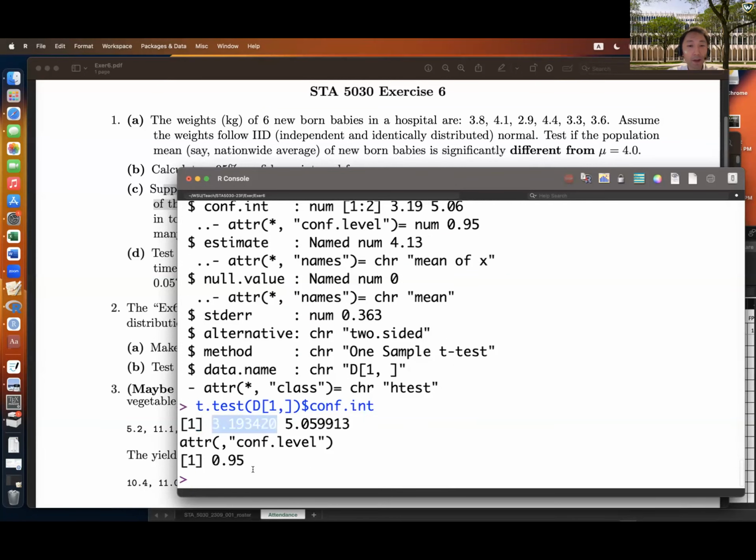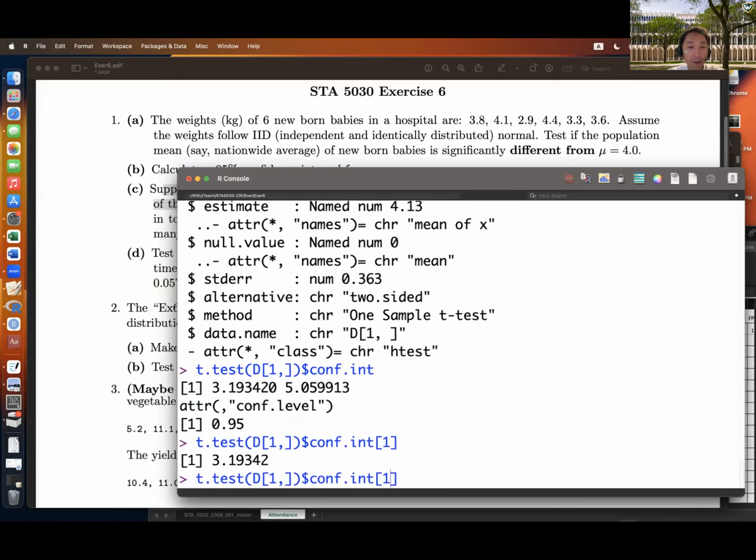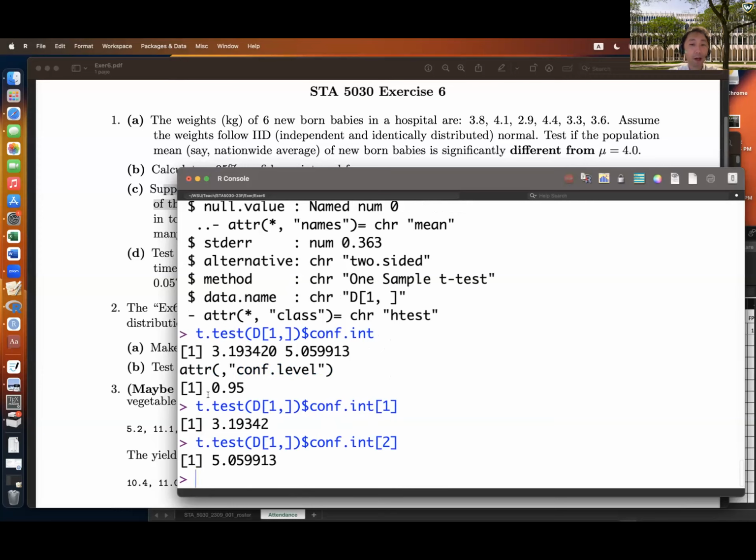To access this 3.19, maybe we have to do this and this. So actually this is the lower bound and this is the upper bound of the confidence interval. So we want to see if this includes 4 or not.